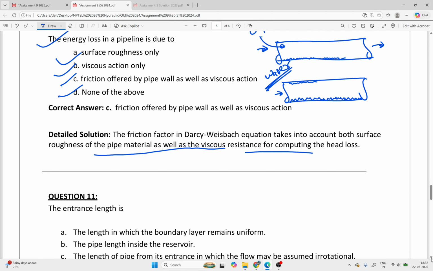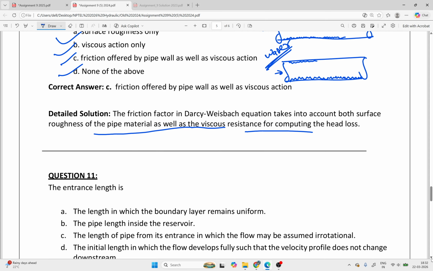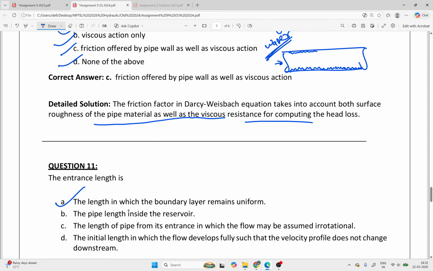Next, entrance length is: option A, the length in which the boundary layer remains uniform; option B, the pipe length inside the reservoir; option C, the length of pipe from its entrance in which the flow may be assumed irrotational; option D, the initial length in which the flow develops fully such that the velocity profile does not change downstream.